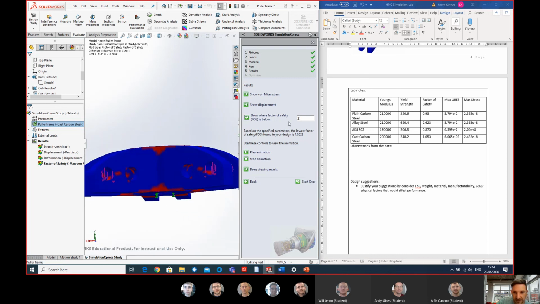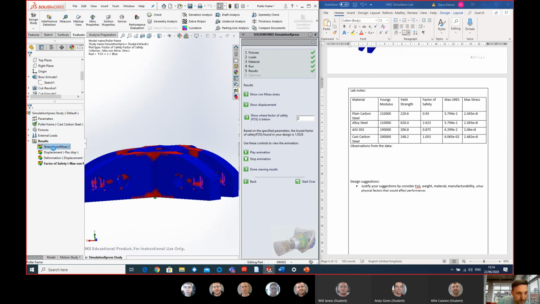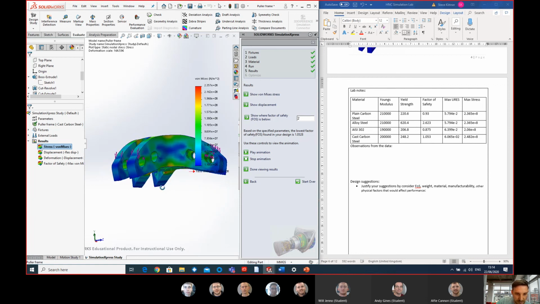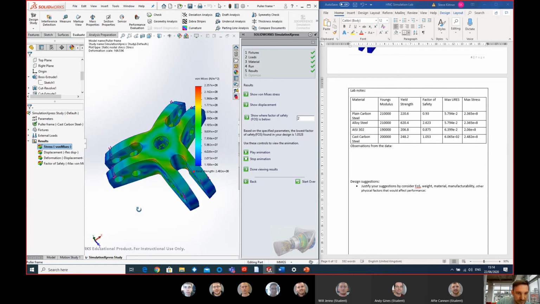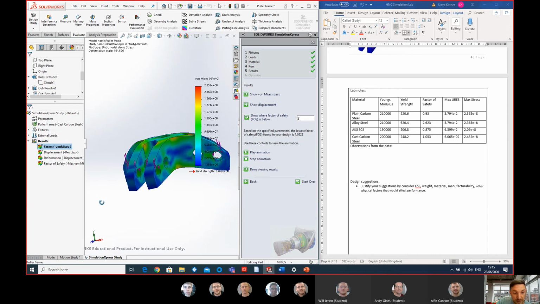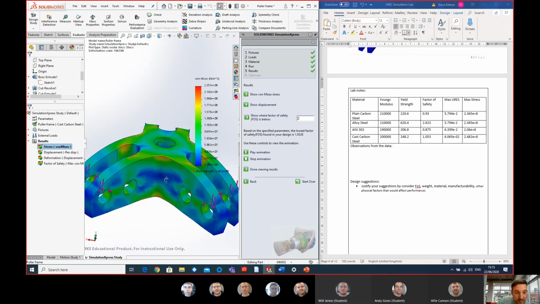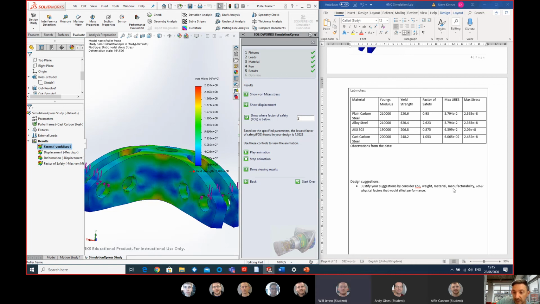Can I do anything to, let's go back onto our stress. Let's see these blue zones here. These blue zones have got very little stress on them, so can I do anything with that if I was looking at weight reduction? And then all the time having to still consider the part's manufacturability.